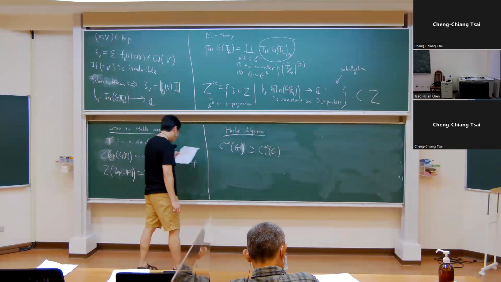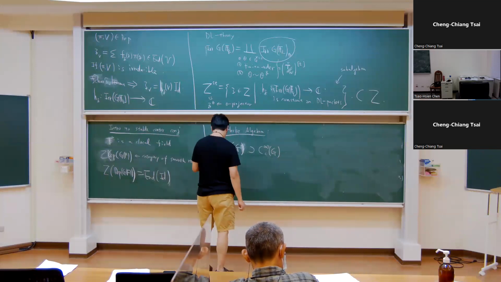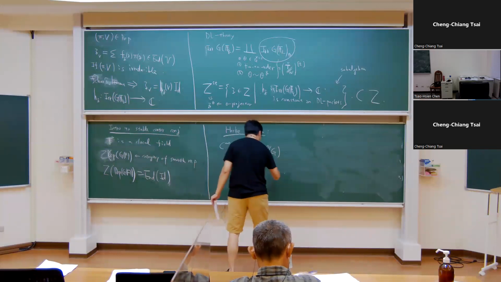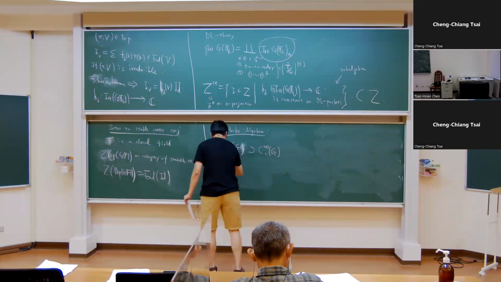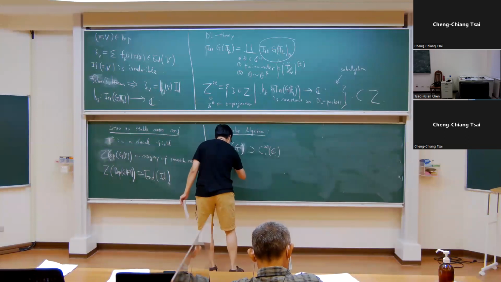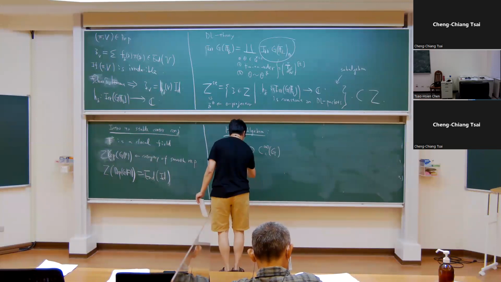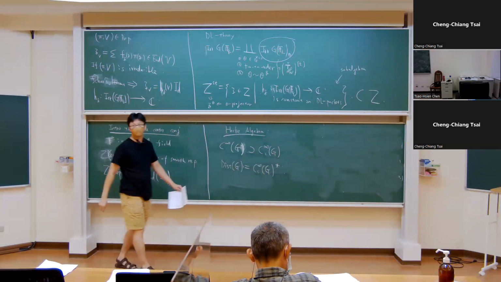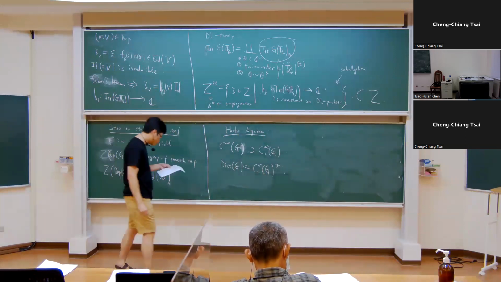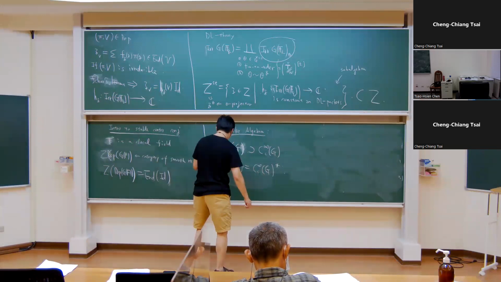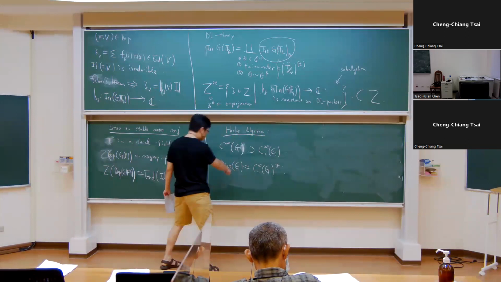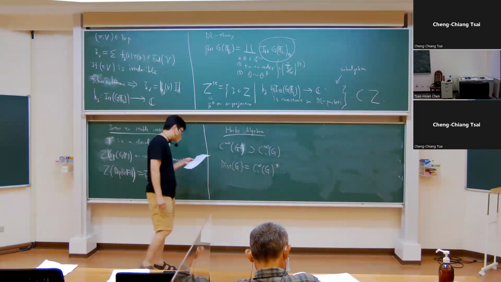And then you can talk about the dual, the distributions. The space of distributions on G is by definition the linear dual of this, without any topology. So this is a distribution on G. And then what is the Hecke algebra here? So first, for a distribution, you can talk about the support.